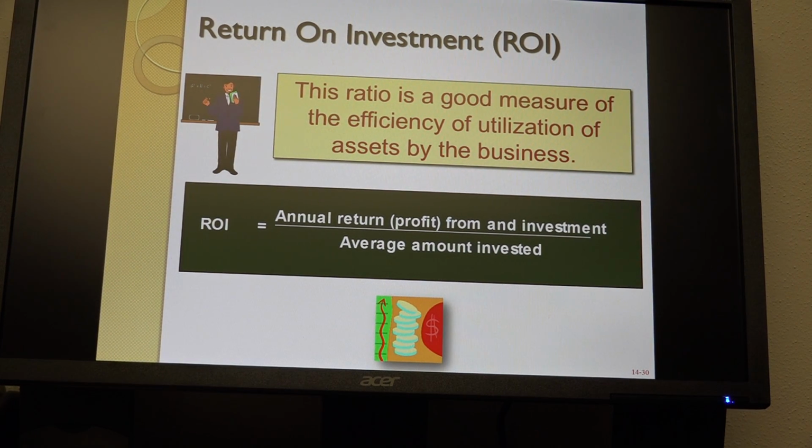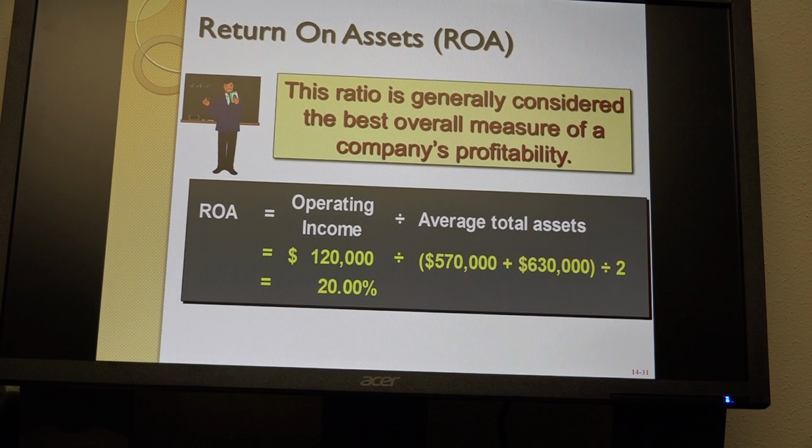And so the ratio is a good measure of the efficiency of utilization of assets by the business. The more profit when compared to assets, the better. So you want a higher number here. And so in this case, you've got operating income of $120,000.